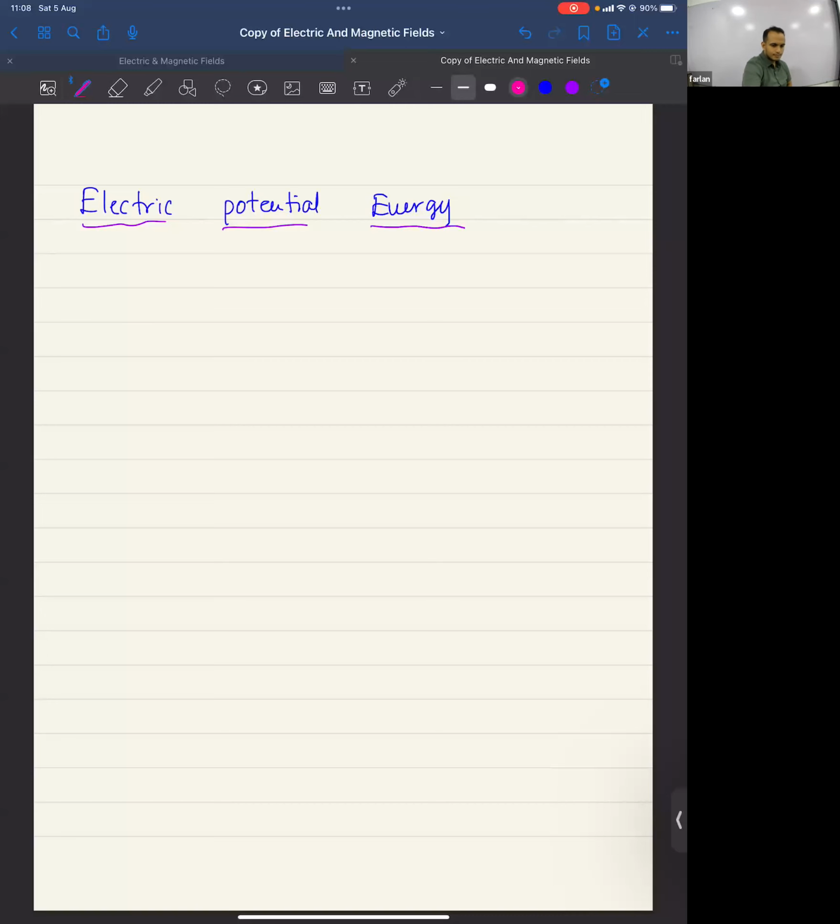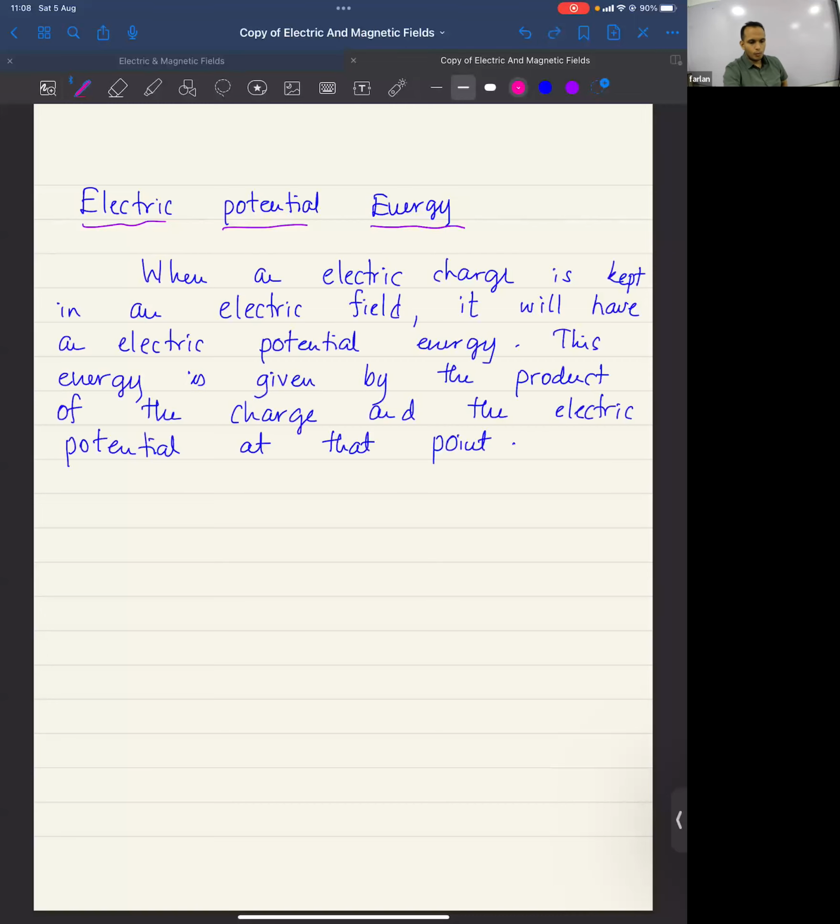Write this down. When an electric charge is kept in an electric field, it will have an electric potential energy.